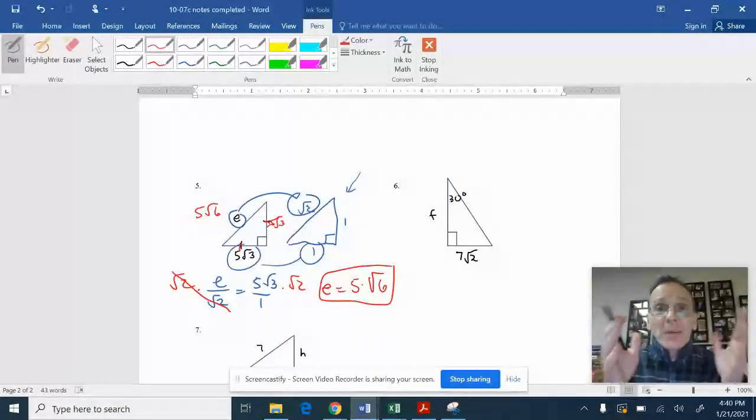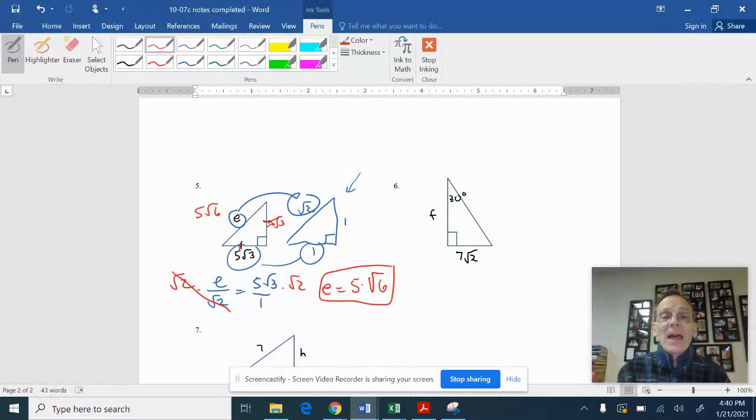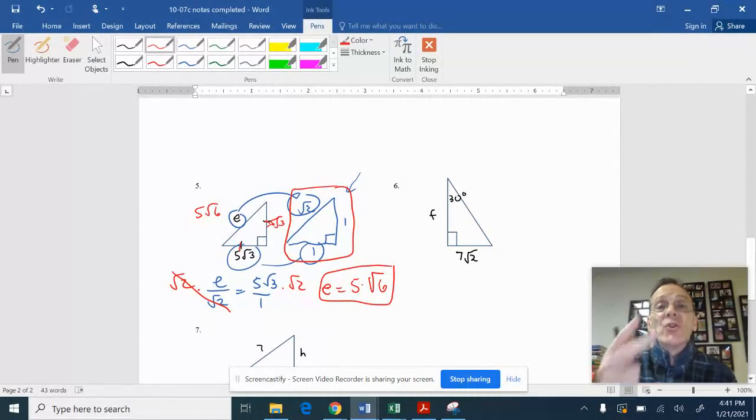I'm raising my voice, okay, so that you hear me that this pattern does not mean that the two legs of a right triangle, or that any two sides of a 45, 45, 90 right triangle, are going to be whole numbers, and that the third side, the hypotenuse, is going to have a radical 2 in it. That's not what the pattern tells us.